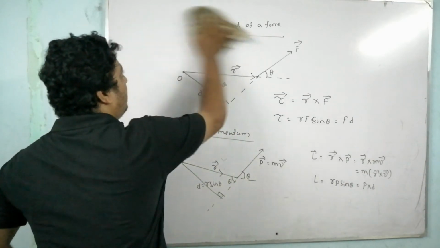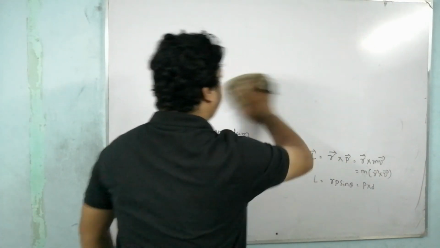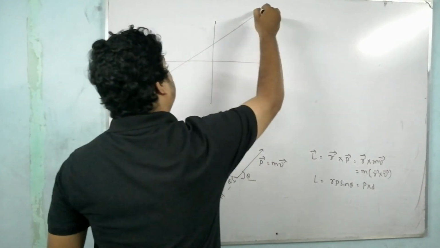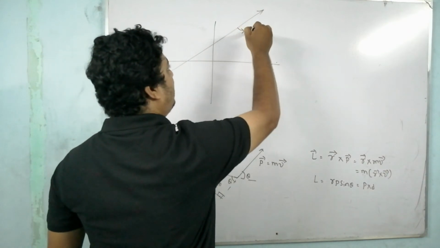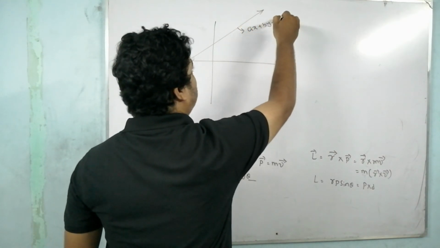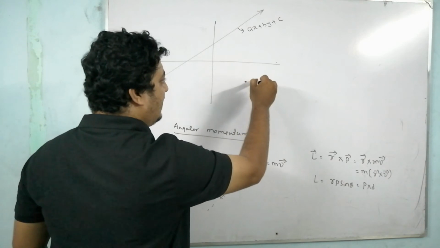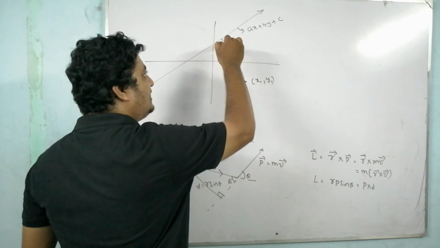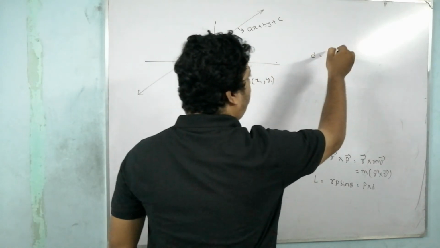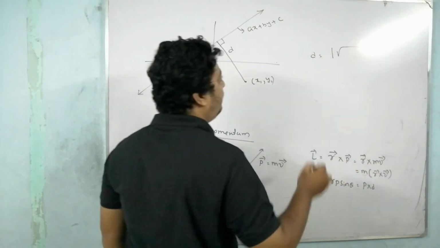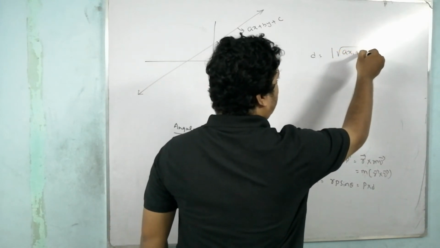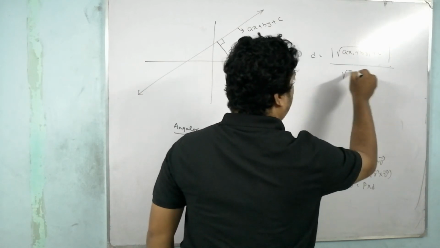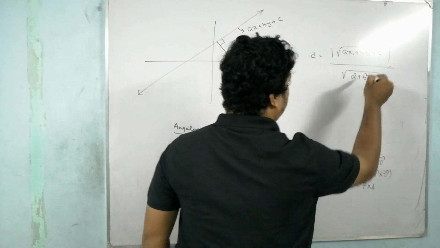Now, if we go for coordinate geometry, let this be our coordinate system. Let this be any line having the equation ax plus by plus c. Now take any point x1, y1. If you measure the perpendicular distance, d equals mod of ax1 plus by1 plus c divided by root over a square plus b square.